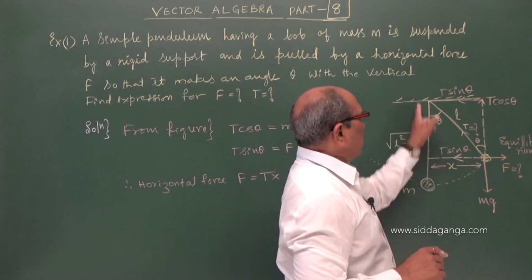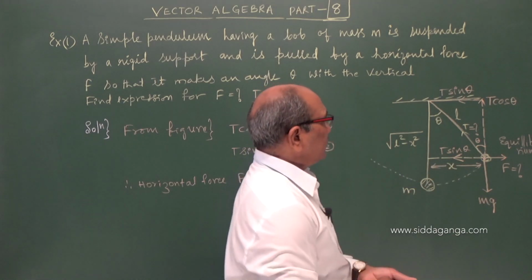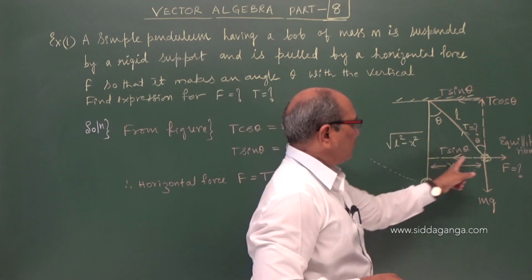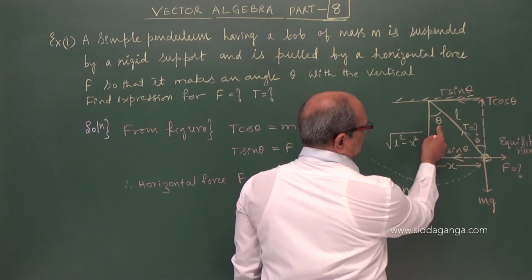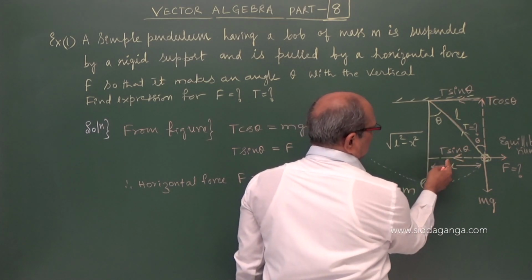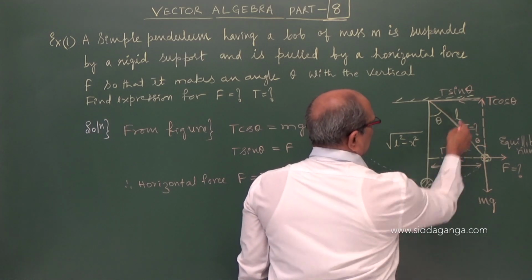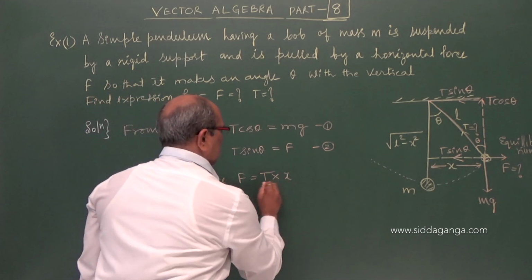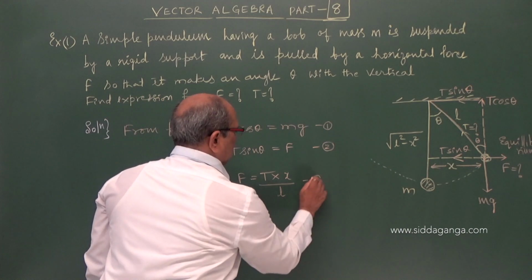In this triangle, what can you write? Sin theta is opposite side by hypotenuse, x by L, is one relation. So it may be the third we can come to.